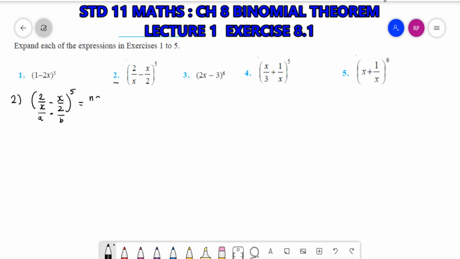So first is nC0. a raised to n means 2 by x whole raised to 5. b raised to 0 means x by 2 whole raised to 0, minus nC1, a raised to n minus 1. Sorry, what is n here? 5. So instead of n, I will put 5.